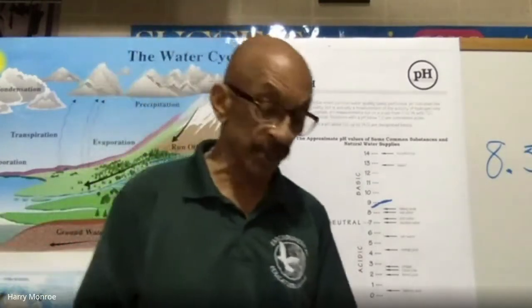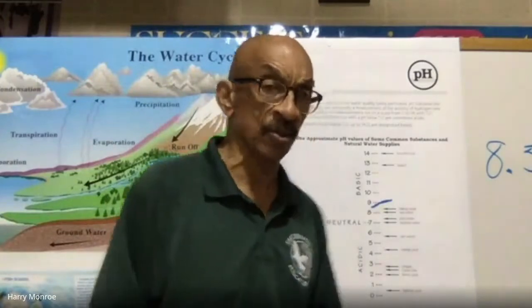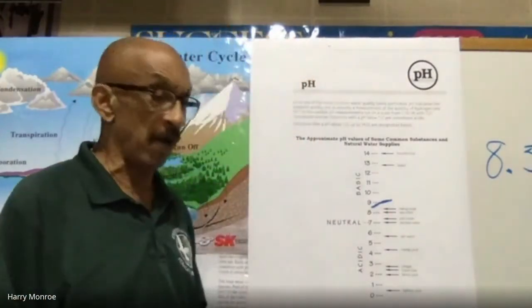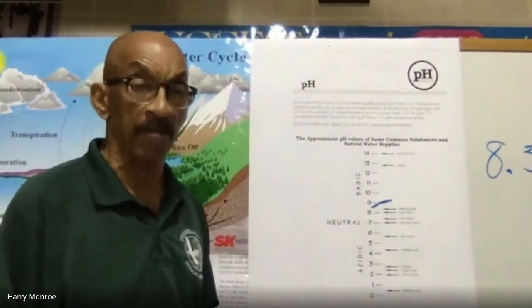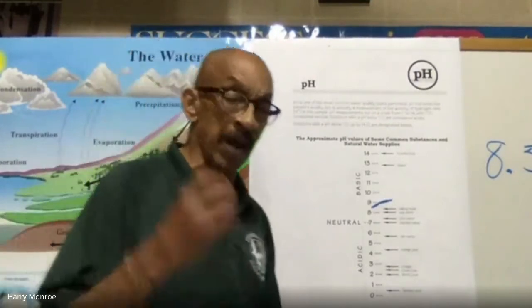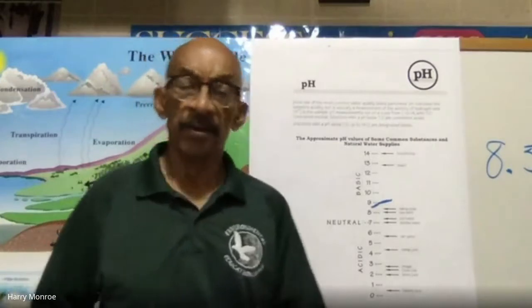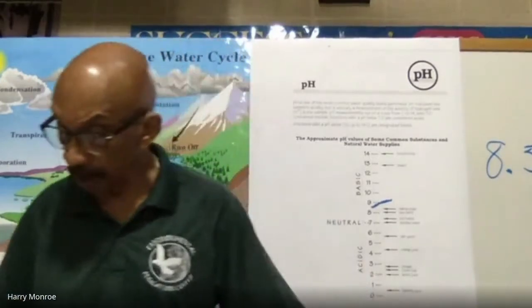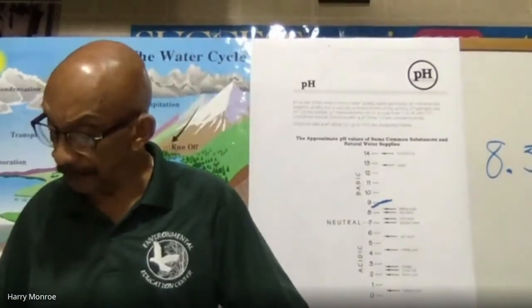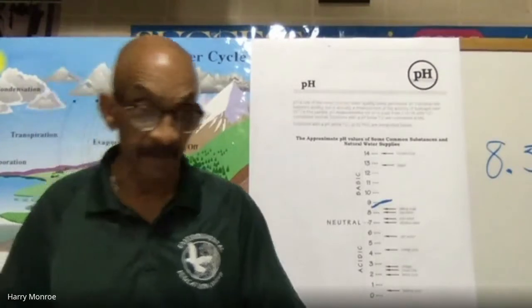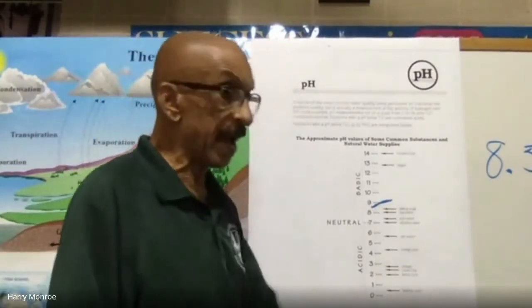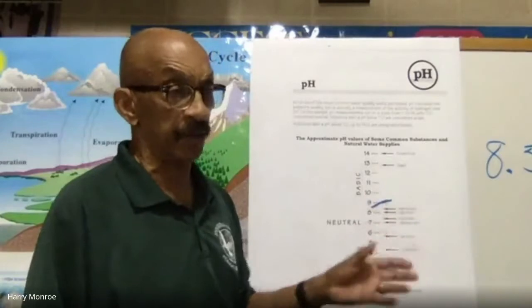Now, you heard me say that what contributes to the acidity of our fresh bodies of water, lentic bodies of water, is rainfall. Well, usually rainfall comes in somewhere around 5.0 to 5.5. And the reason for that is the carbon dioxide mixing with the rainwater.